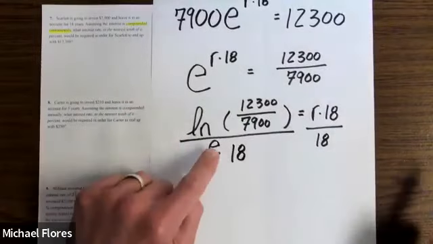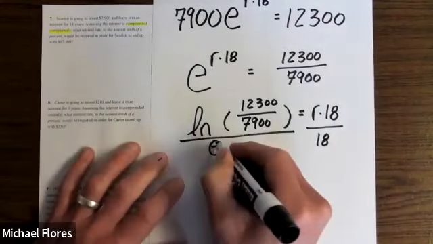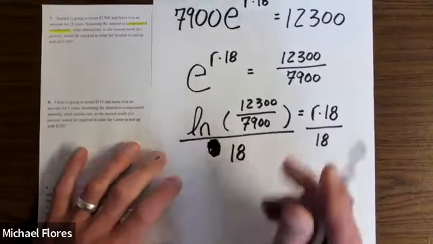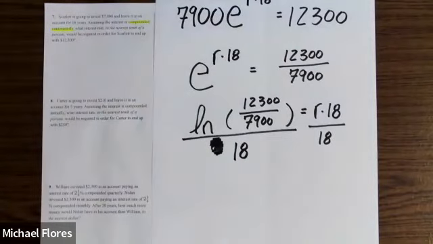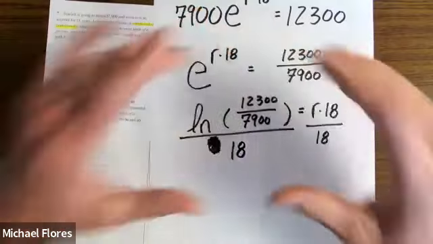Now, reminder, the e here, you really won't see that when you're doing ln, so it's really no longer necessary. We don't need that. We're just going to plug this portion right here into your calculator.